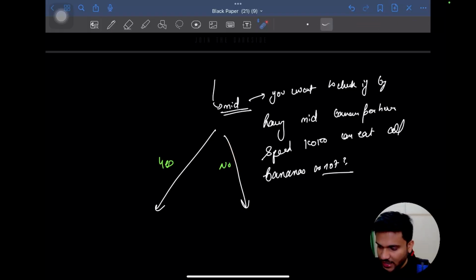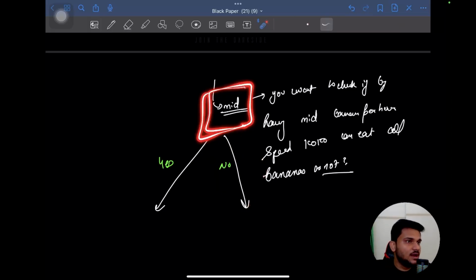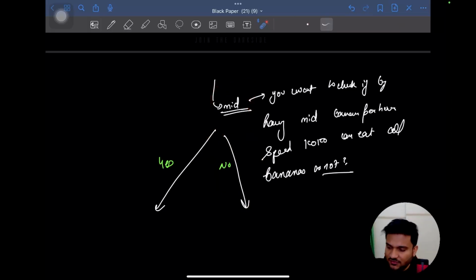Now just think about it. If she is not able to eat all the bananas in mid banana per hour speed, do you think she will be able to eat it in less than mid banana per hour speed? For example, if Coco is not able to eat all the bananas with 10 banana per hour speed, then do you think Coco will be able to eat all bananas in 8 banana per hour speed? No. Think about it.